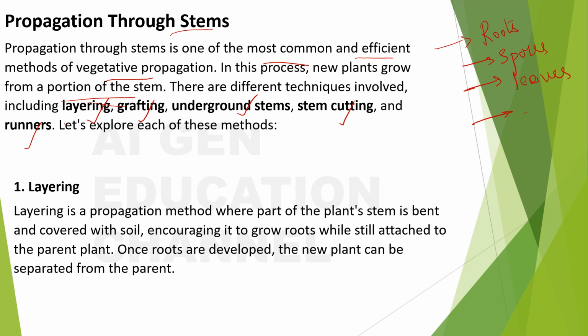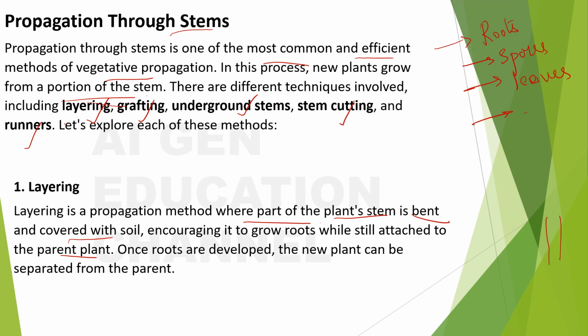So layering is a propagation method where part of plant stem is bent and covered with soil, encouraging it to grow roots while still attached to the parent plant. Once roots are developed, the new plant can be separated from the parent plant. So here what happens?